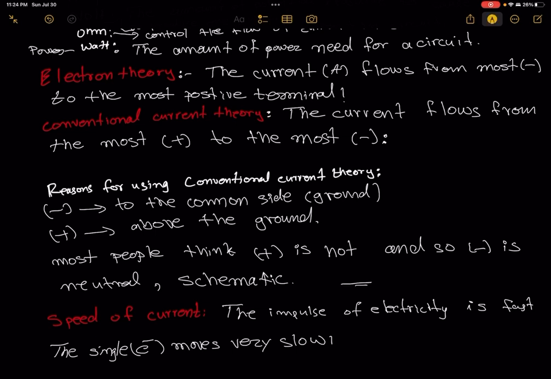The ground symbol is usually like that. And that's the third reason they use it, from left top is the supply and the bottom right is the ground, and that's why they use conventional, because they go from the hot side to the neutral side, or the plus side to the negative side.